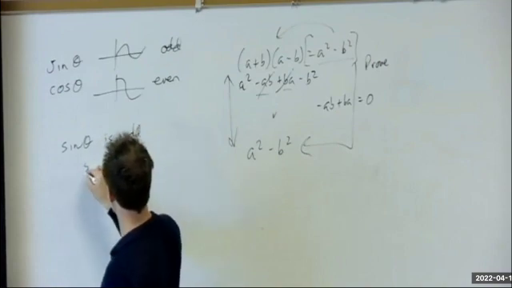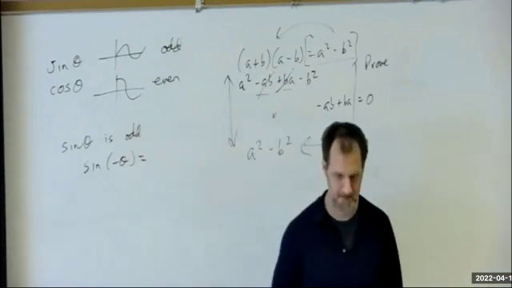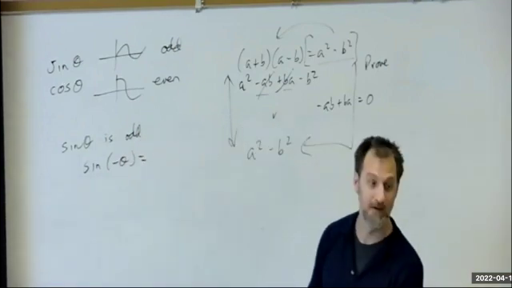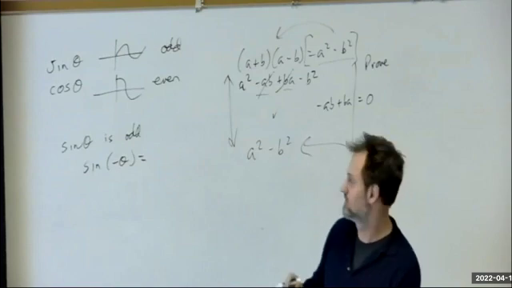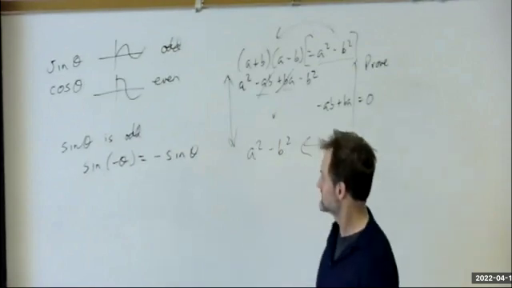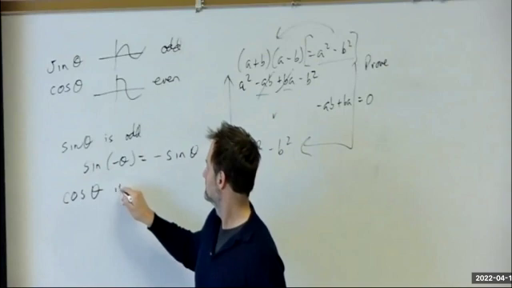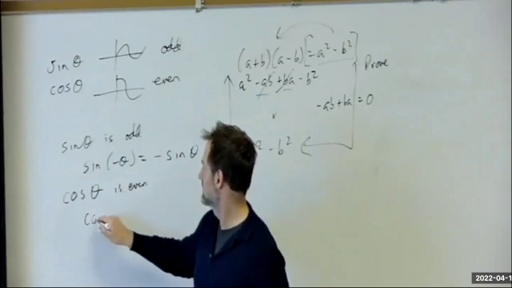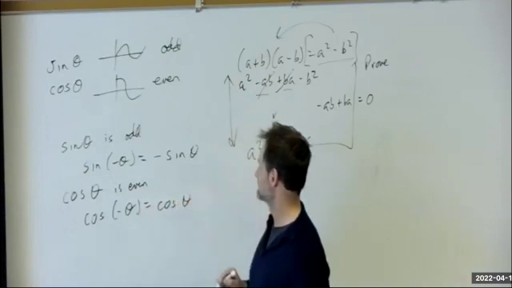That means sine of negative theta equals negative sine. Right. The negative pops out and it escapes. Cosine theta is even. That means that the cosine of negative theta equals cosine theta.